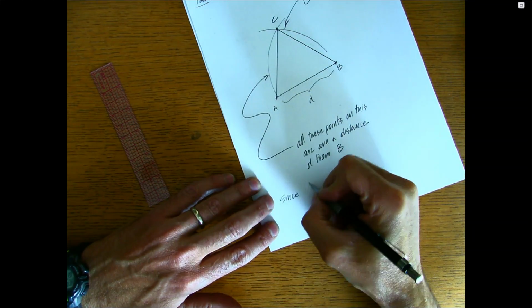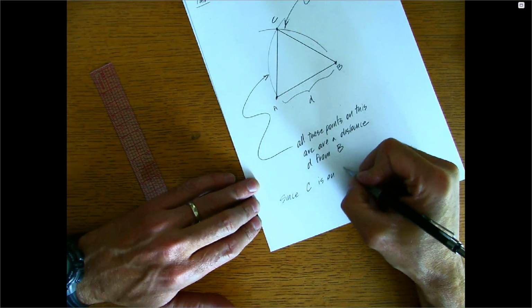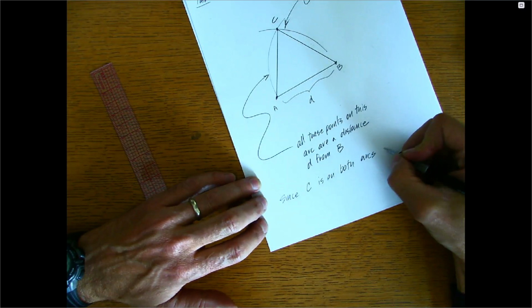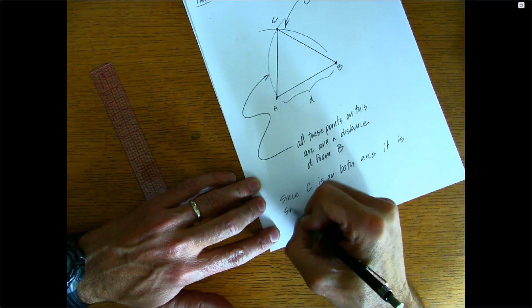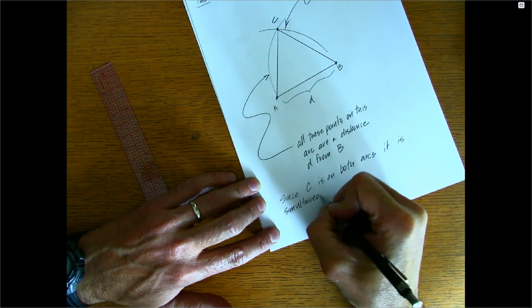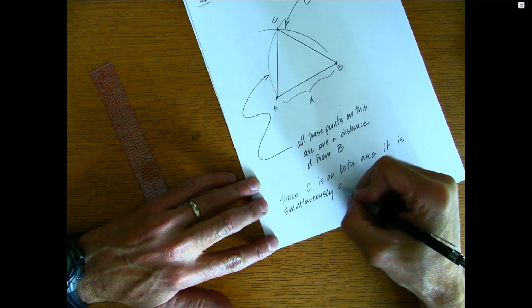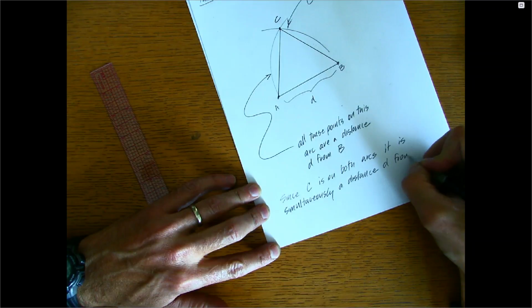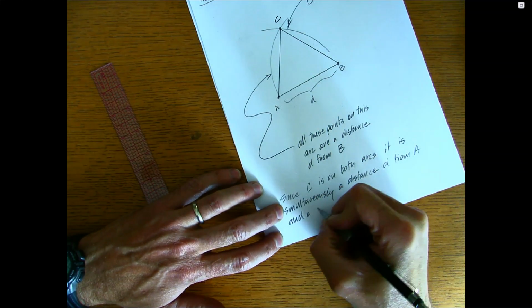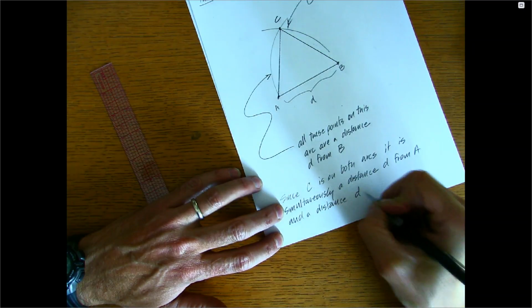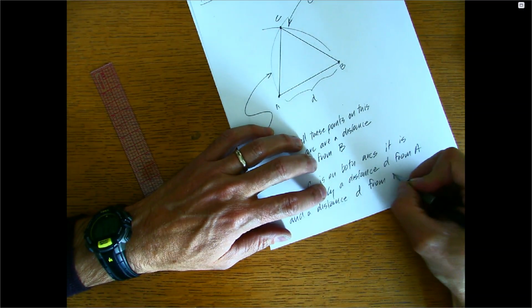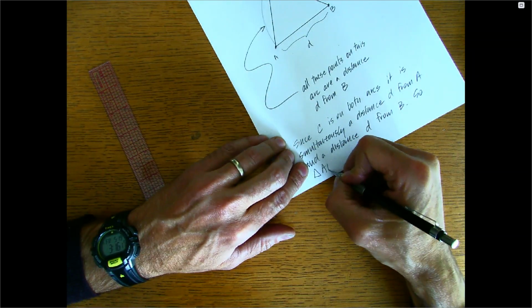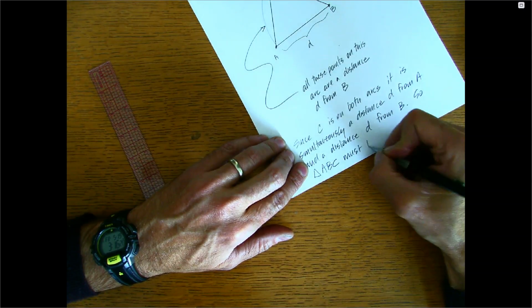Since C is on both arcs, it is simultaneously a distance D from A and a distance D from B. So triangle ABC must be equilateral.